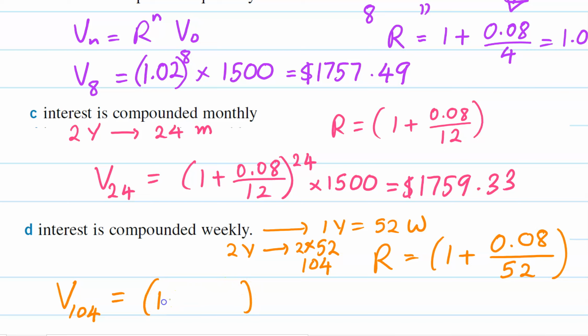1 plus 0.08 on 52, to the power of how many periods? 104, times 1500. Let's use the calculator again.